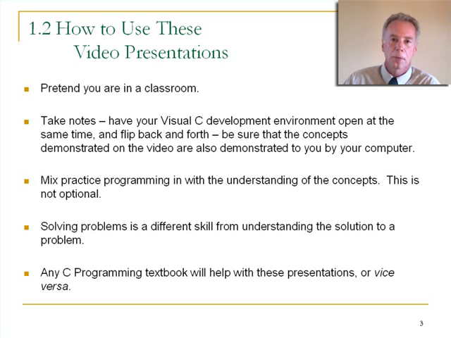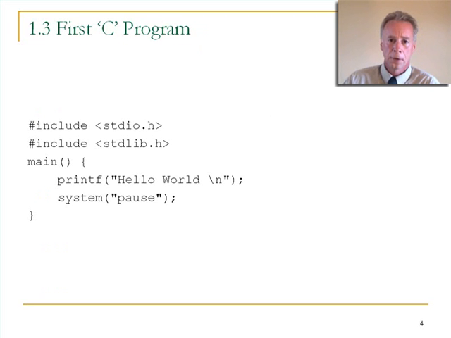As I promised, we're going to start programming right away. Here is the first C program that we're going to enter into the development environment. All it does is print out hello world, and you'll get used to all of the syntax, which is how to write the language, the braces and the parentheses, and also, in this first example, the mechanism for creating a C project, entering a C program, and running it.